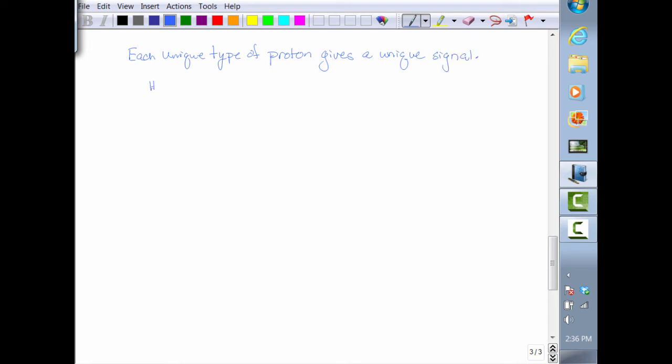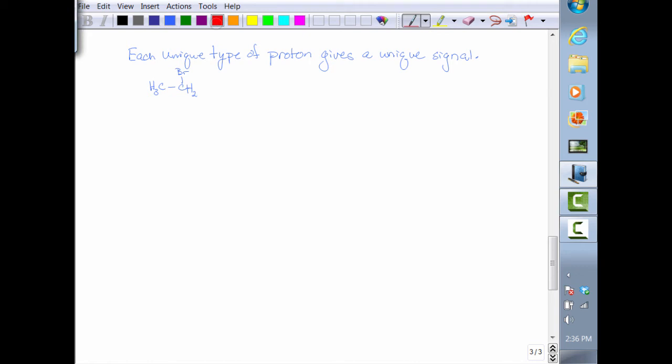So if I give you an example of 1-bromoethane, first tell me how many types of unique hydrogens are on this molecule?